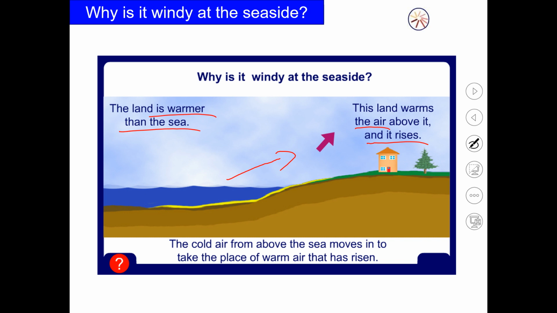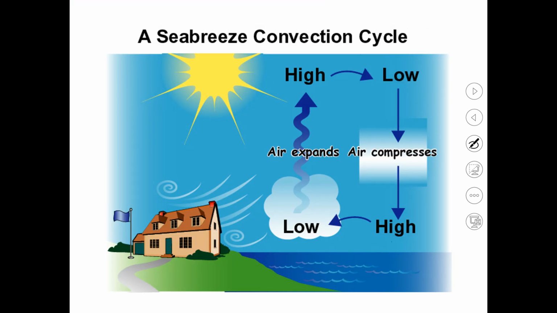And the cold air from above the sea moves in to take the place of the warm air that has risen. If you remember, we said hot air will rise, and every time heat transfers from a hot place to a cold place. This is a sea breeze convection cycle.